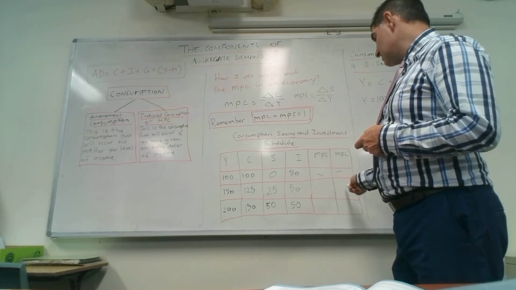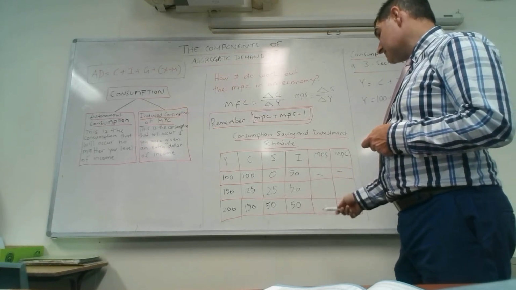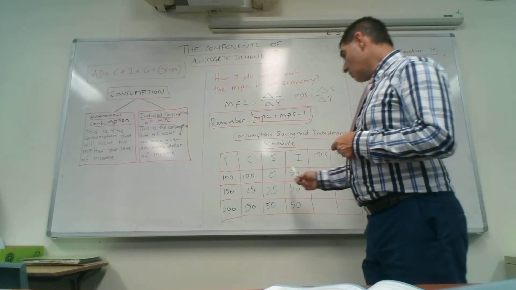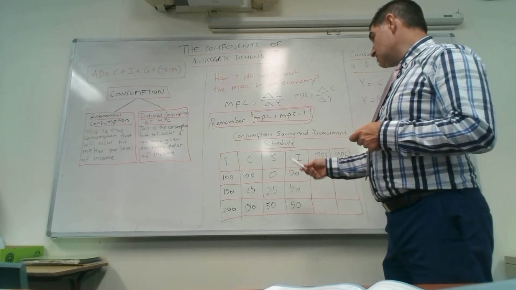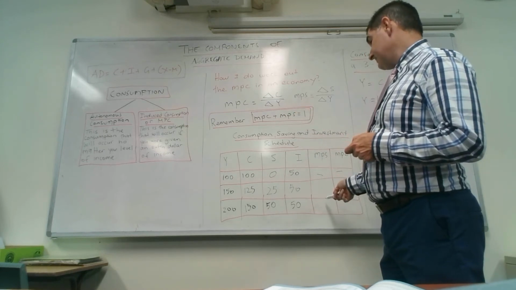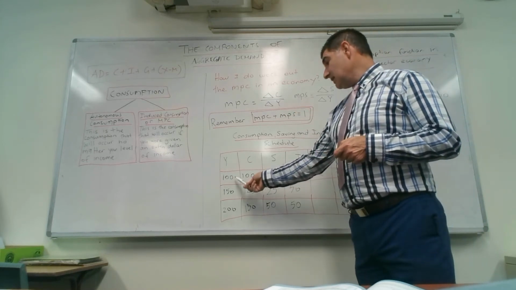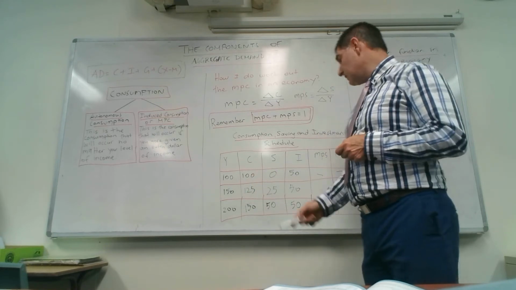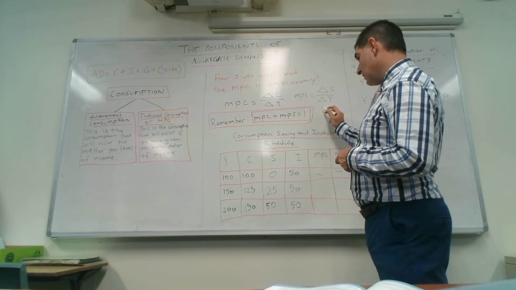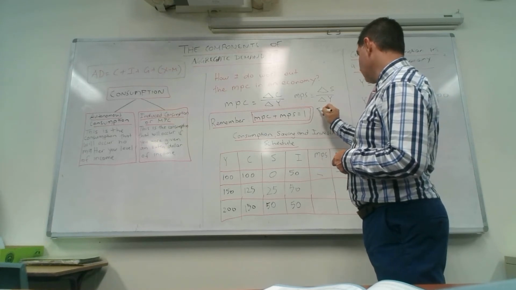But when we look at these squares here, for the MPS and your MPC, you can actually apply these formulas. So let's do MPS first, okay? The change in income is from 100 to 150, so the change in income is going to be 50.